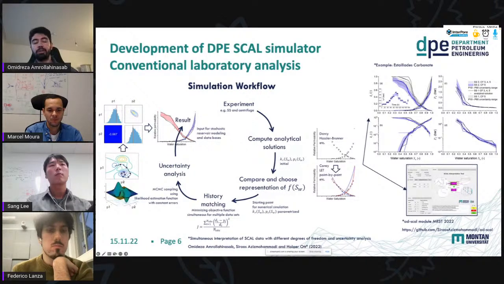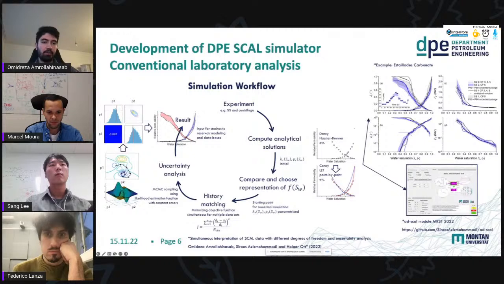Then the predictive capabilities are limited. So we developed this workflow where you can simultaneously history match all your experiments together, both the centrifuge and the steady state that you have, starting from analytical solutions and then putting it in a simulator.